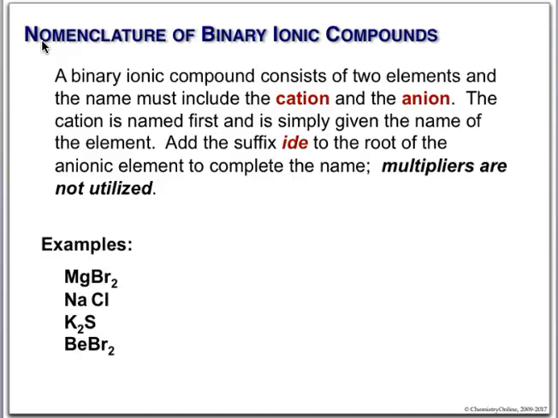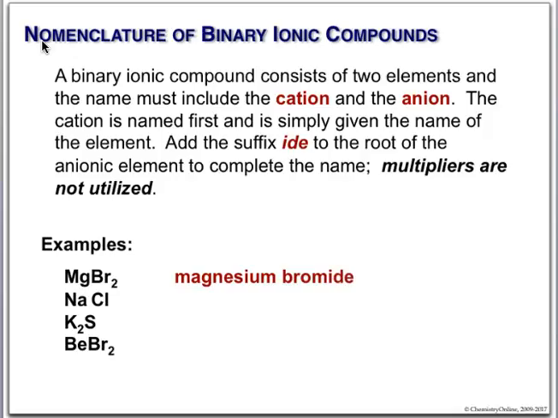Here we have a compound made up of magnesium and bromine, right? The first word in our name is simply going to be magnesium. Now the root for bromine is going to be brom. We're going to add our -ide and make this bromide.